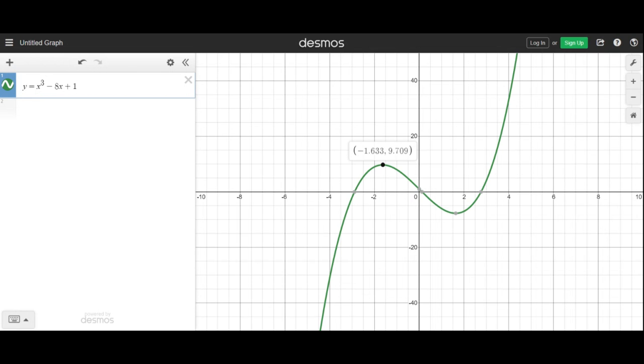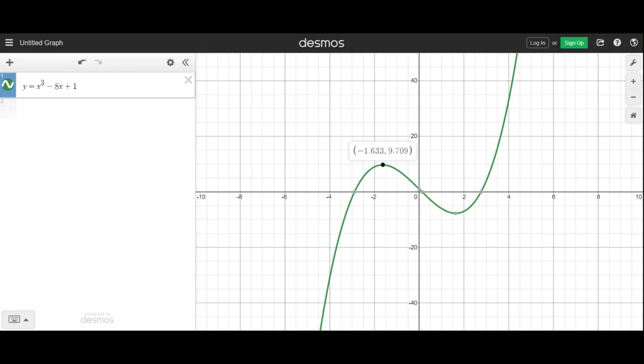And it said we were going to round this to 3 decimal places. So what would our local max be? Good. Negative 1.633 and then 9.709.